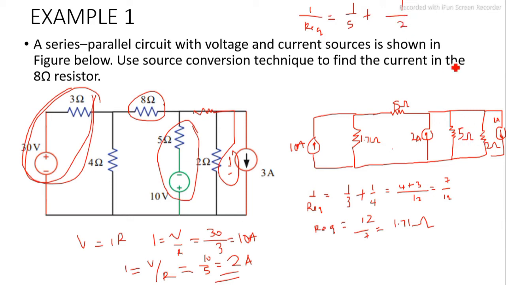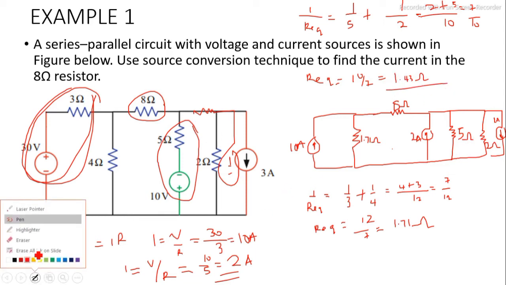The LCM is 10. 5 in 10, that's 2, 2 times 1, 2, plus 2 in 10, that's 5, 5 times 1, 5. We add that, that's 7 over 10. If we take the reciprocal, R equivalent equals 10 over 7. 10 divided by 7 is 1.43 ohms. That means these two give us 1.43 ohms.